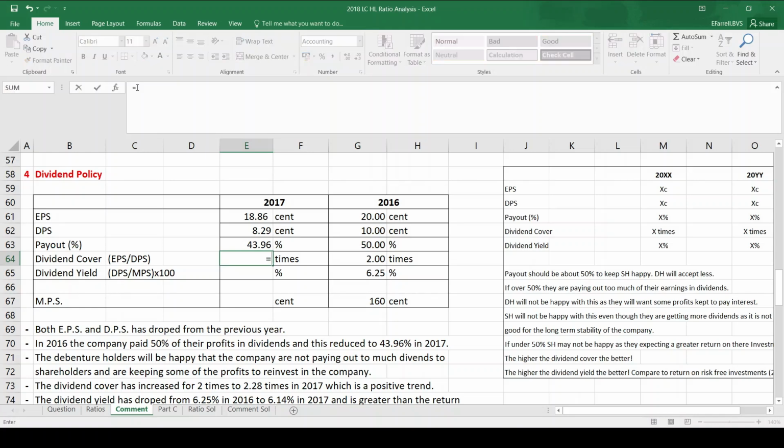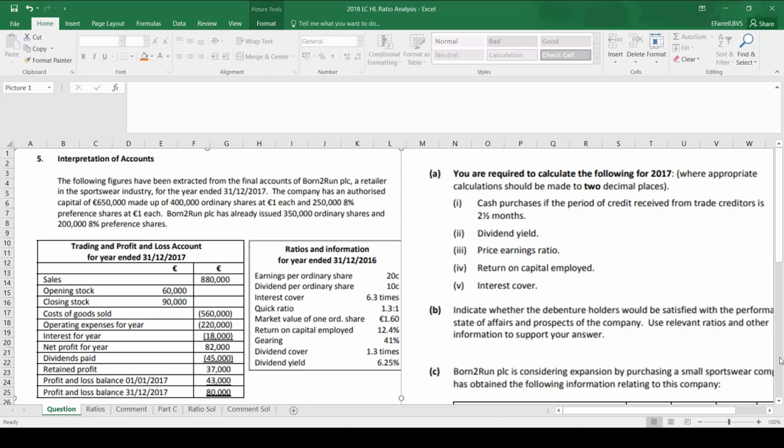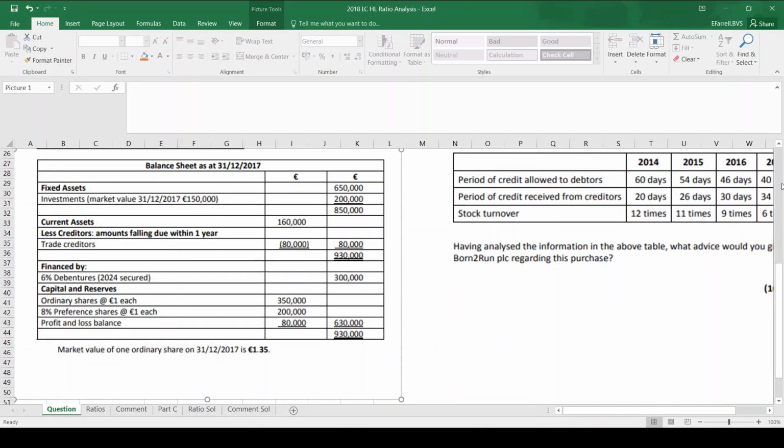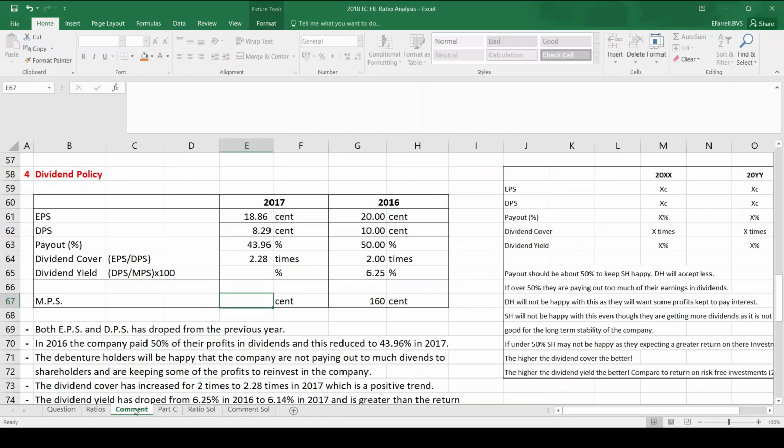Dividend cover is earnings per share divided by dividend per share. And dividend yield, which I think we have worked out in part A, is dividend per share divided by the market price per share. Before I do that, I'm going to put in my market price per share, which is €1.35, so 135 cents.